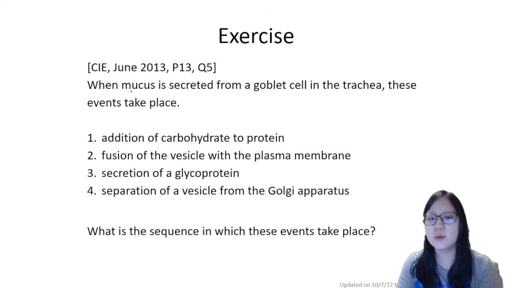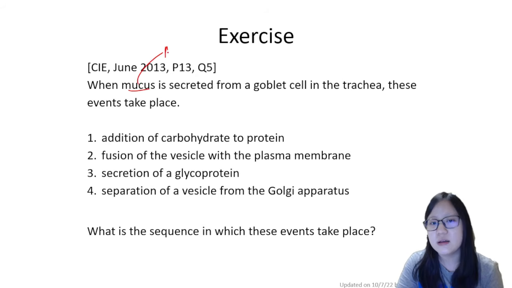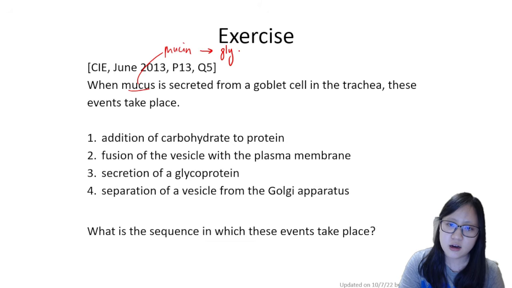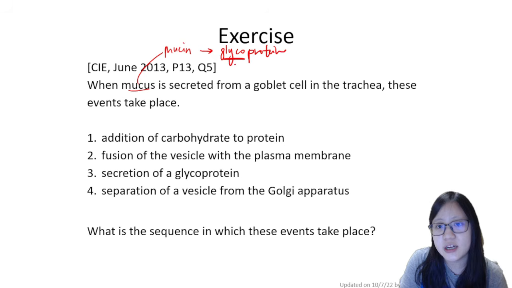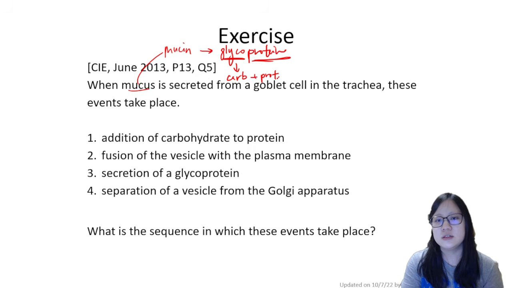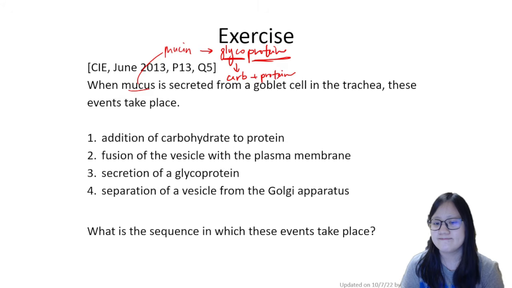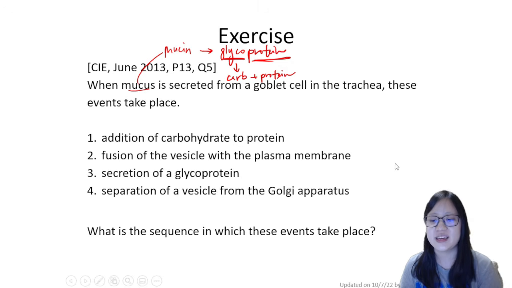Okay, by the way, mucus is made up of mucin, and mucin is a glycoprotein, which is a combination of a carbohydrate, therefore glyco, and a protein. So that should give you a hint on how to answer this question. Pause the video. You done?